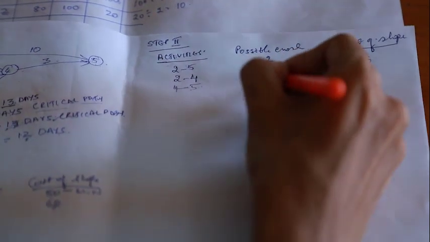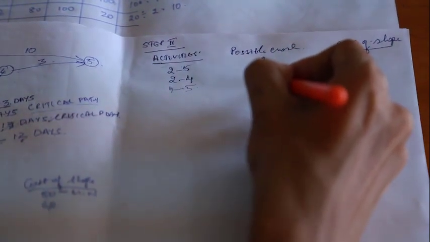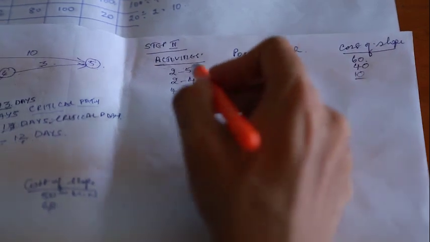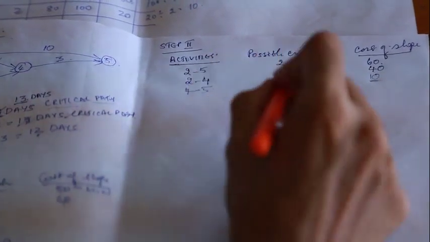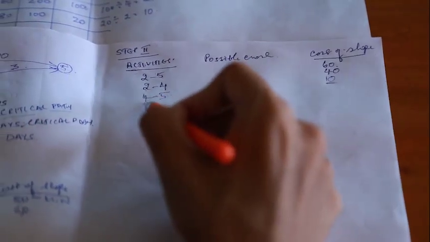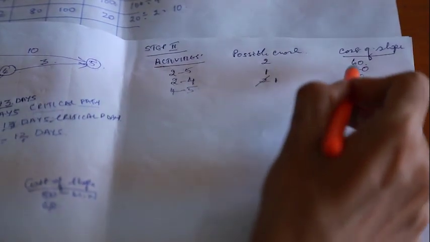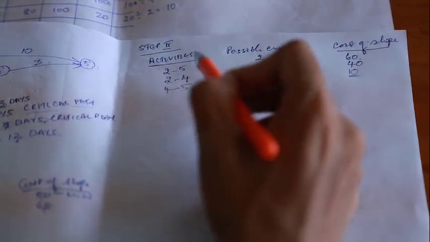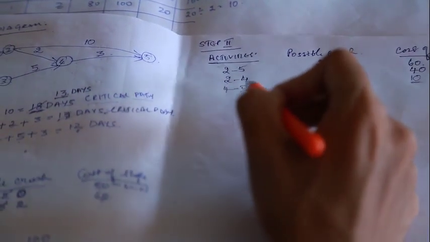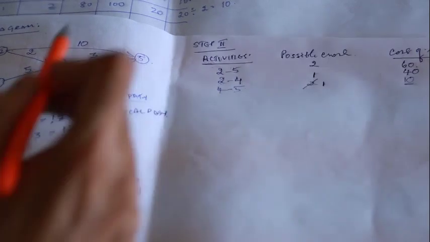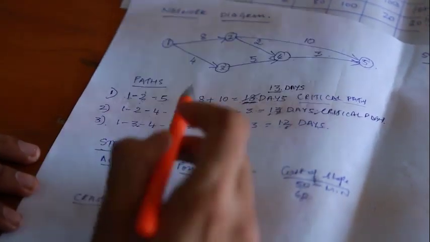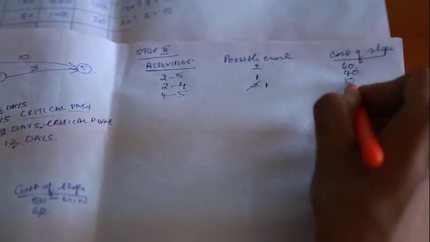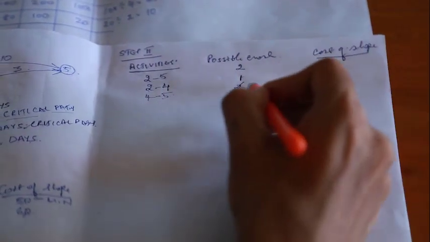So I'm going to crash 1 day of activity 4 to 5, because among activity 2 to 4 and 4 to 5, activity 2 to 4 has got 40, whereas activity 4 to 5 has got 10. The minimum cost is 10 here when I compare these two activities, because these two activities belong to this critical path. The least cost is 10, so therefore I crashed one day here.